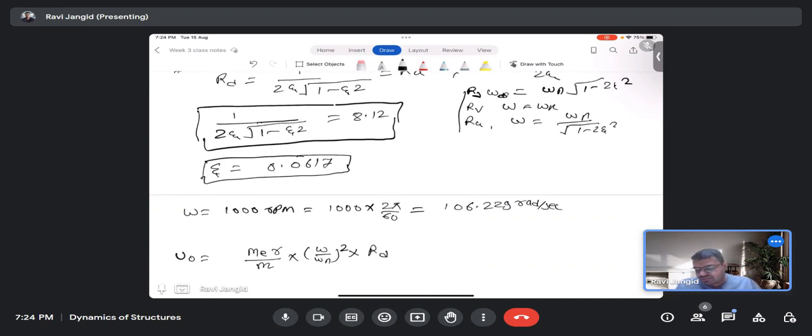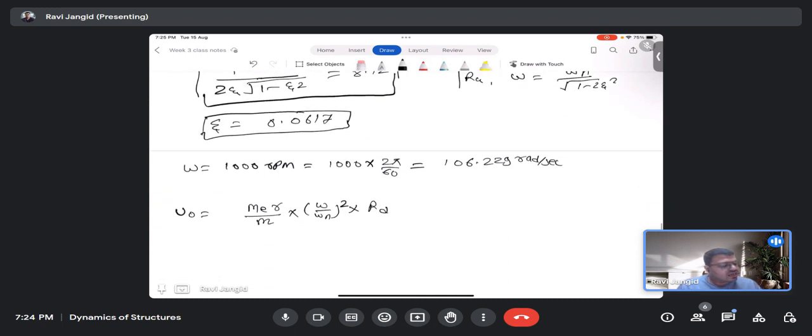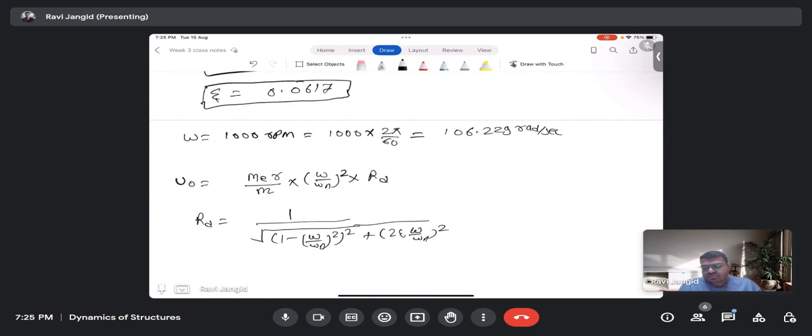So now you can put in the values and find out the RD. You have the omega, but we don't have the omega n. For finding omega n we need to find the k.